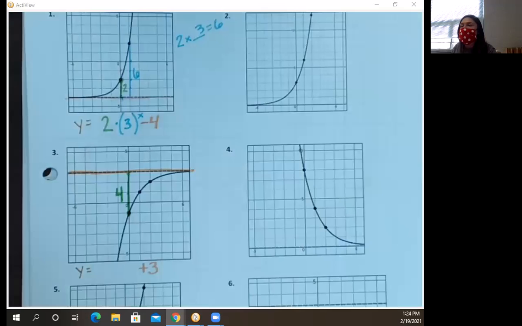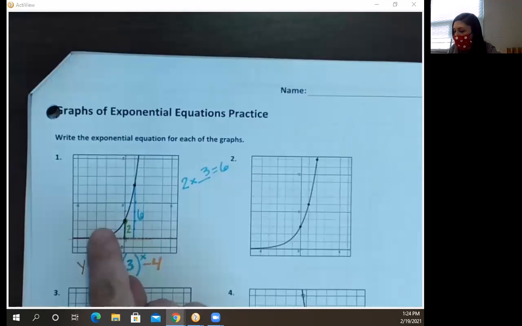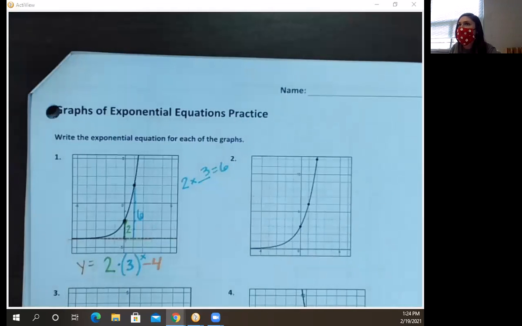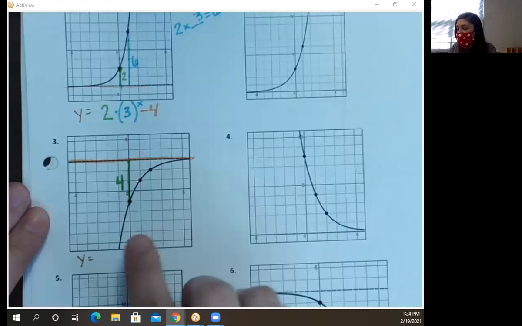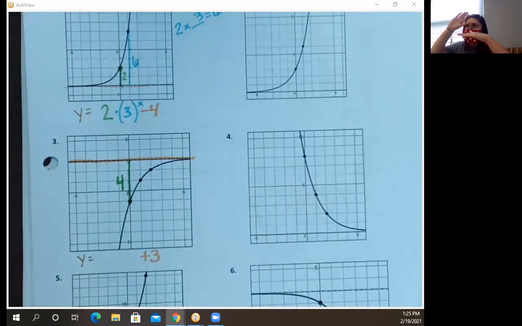But this graph is a little different than ones we've seen so far. For every other graph that we've looked at before this one, our function was always above our asymptote. This time our function is below our asymptote. So we sort of flipped their positions, right? It was asymptote and then function, and now we're like this, asymptote on top and then function on bottom.